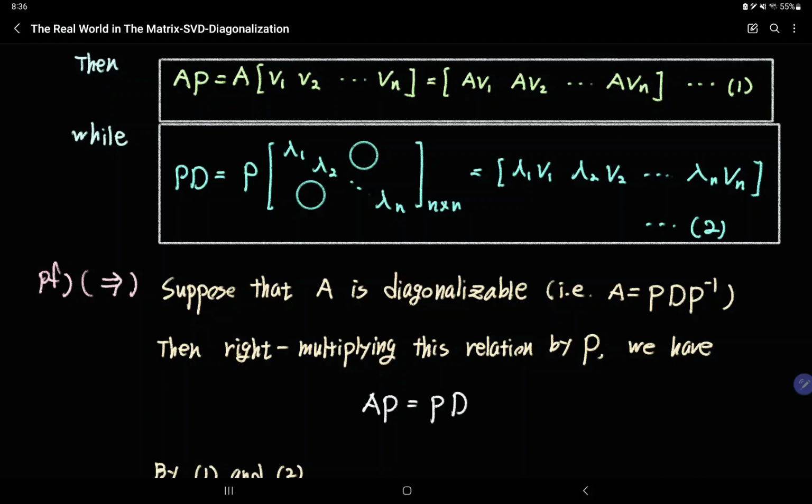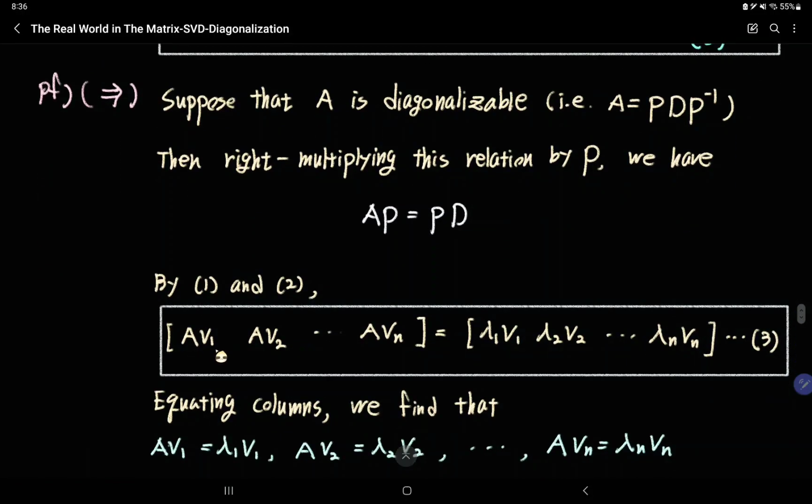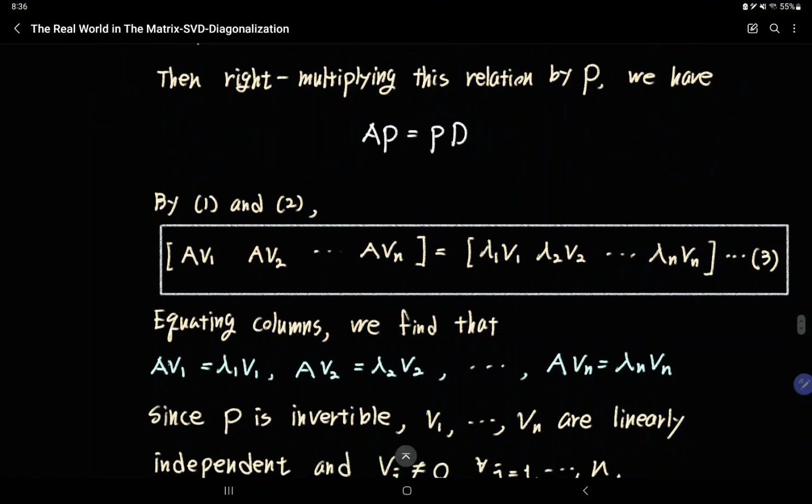We use the expression for AP and the expression for PD. So by one and two, we get Av1 through Avn, and lambda 1 v1 through lambda n vn. Those two matrices are equal, which means that each pair of columns must be equal, right? So equating columns, we find that Av1 is equal to lambda 1 v1, through Avn is equal to lambda n vn.